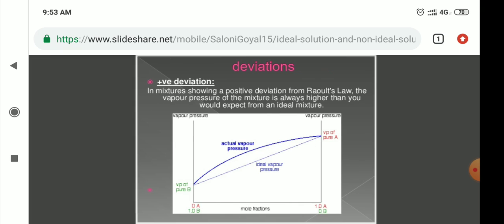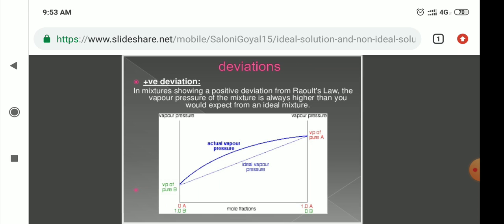Next point is the deviation. There are two types of deviation. The first one is the positive deviation and the second one is the negative deviation. For a mixture showing a positive deviation from Raoult's law, the vapor pressure of the mixture is always higher than you would expect from an ideal mixture.